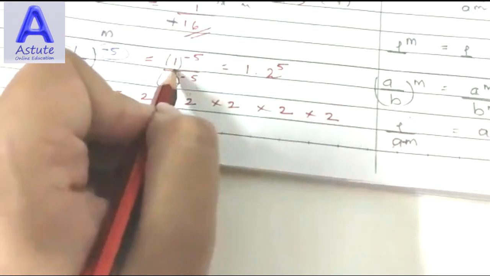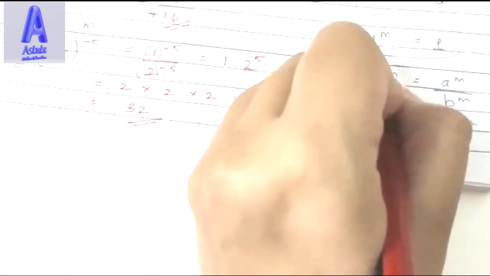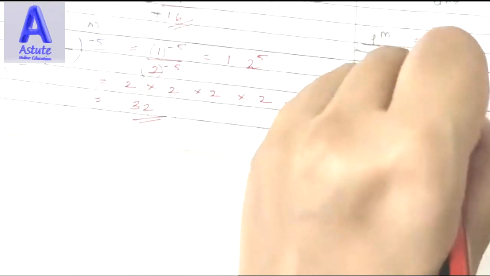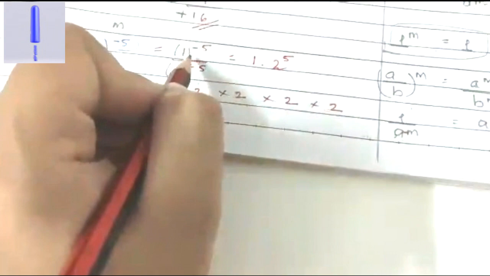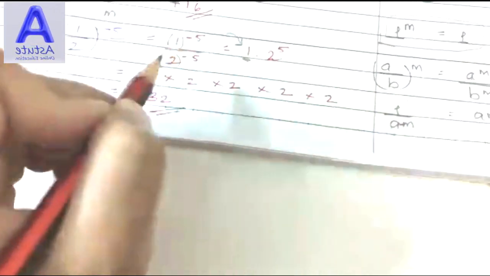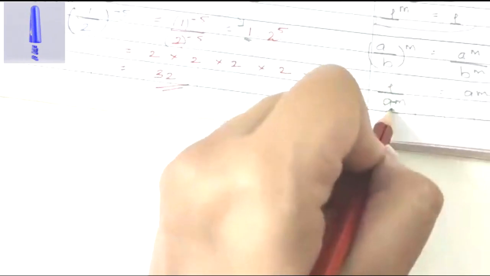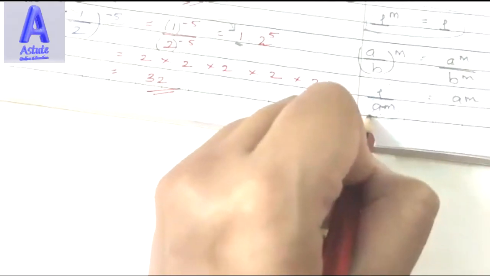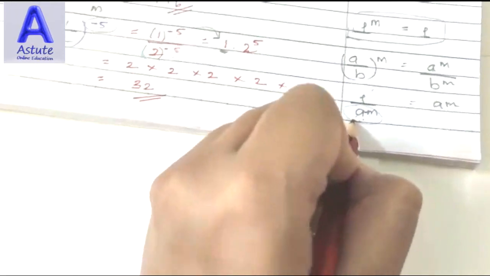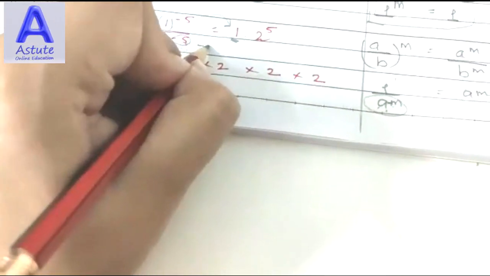Now 1 raised to the power of m, where m is any number, always gives us 1. So 1 to the power of minus 5 gives us 1. Alright, and 2 to the power of minus 5, again using 1 upon a to the power of minus m gives us a to the power of m. Now in this case, 2 is my a and minus 5 is my minus m.